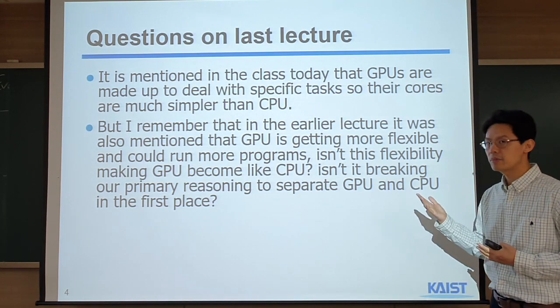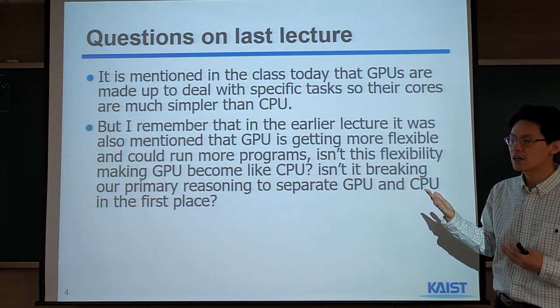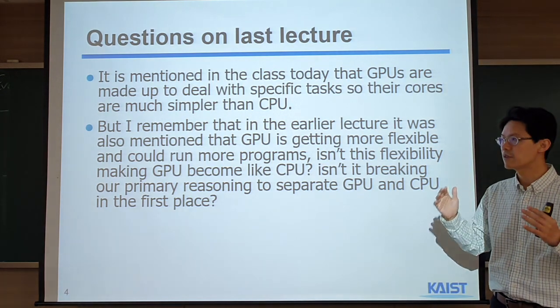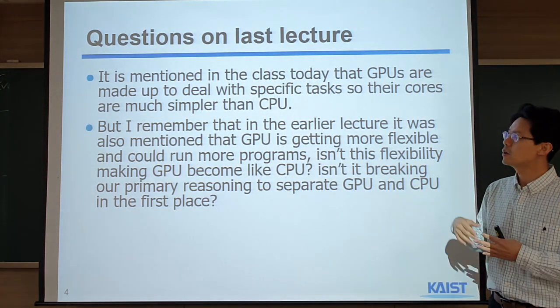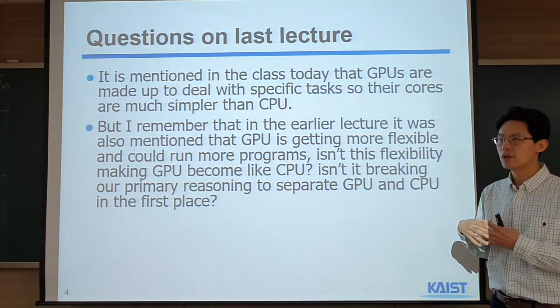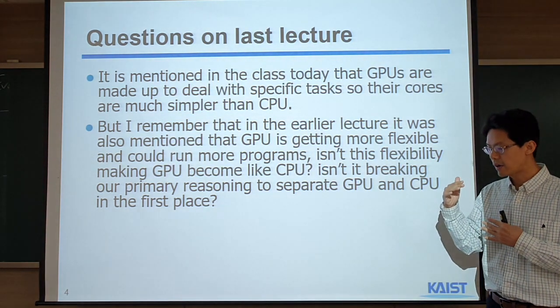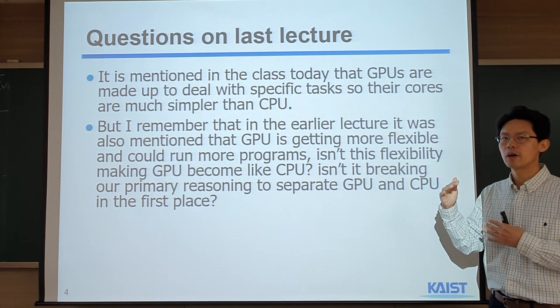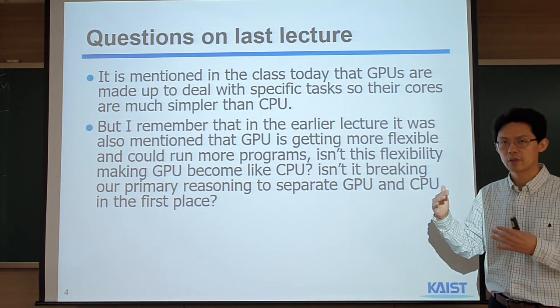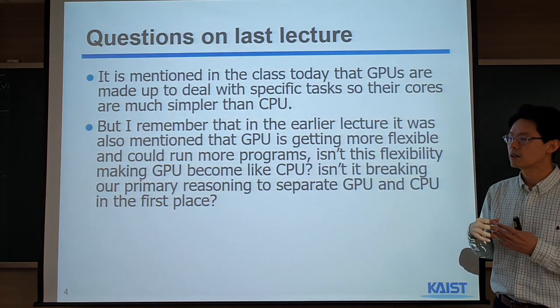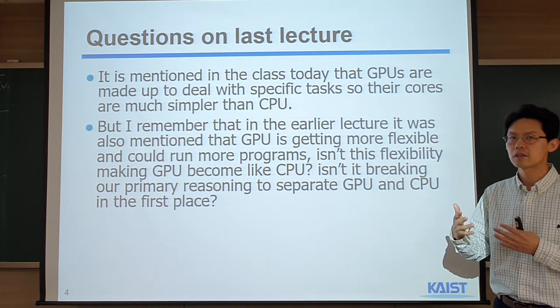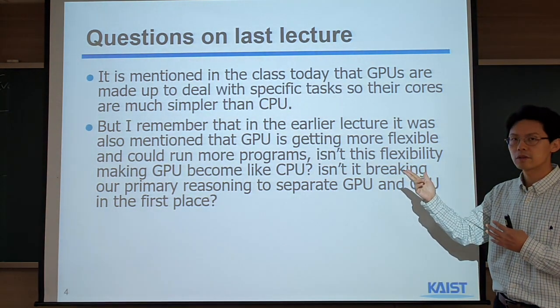Same thing for the CPU. The CPU was initially designed for a wide set of different applications, right? But the CPU also wanted to get very fast performance on some well-performing applications like games. You might have heard that you can even run games on the CPU side, right?